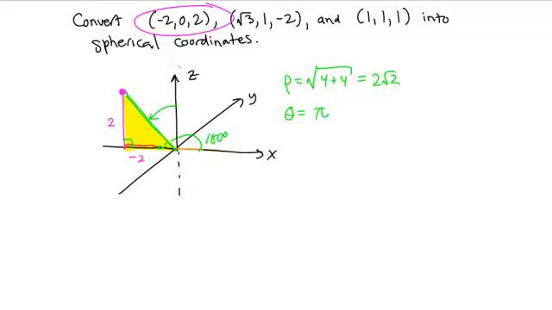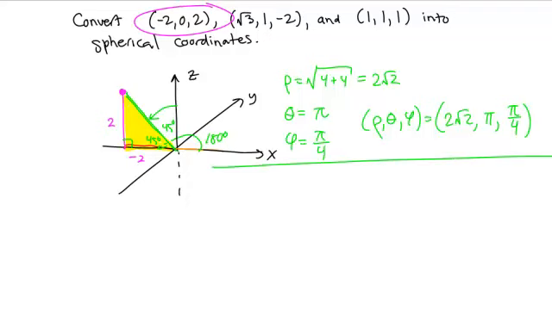Since this whole picture takes place in the plane spanned by the x and z axes, and this is an isosceles right triangle, phi has to be 45 degrees, or pi over 4. And therefore, the spherical coordinates would be rho, theta, phi equals 2 root 2, pi, pi over 4.